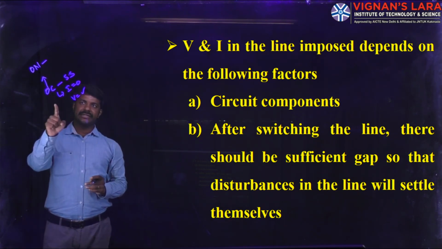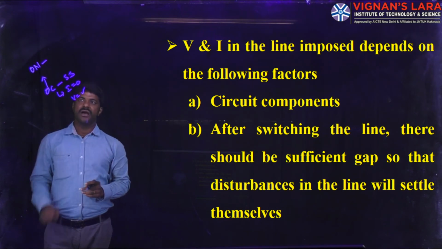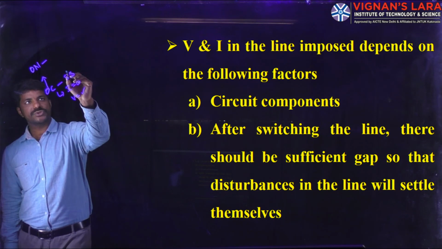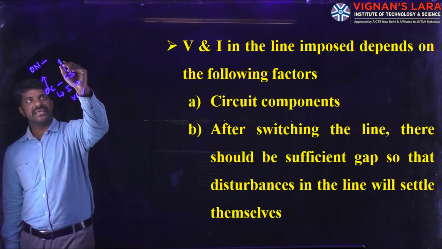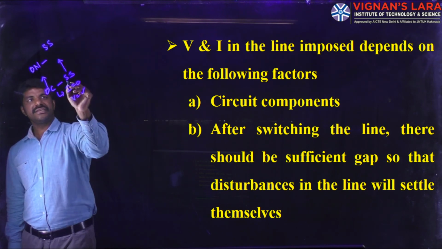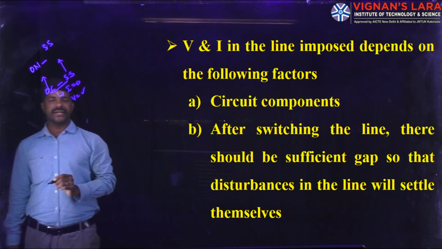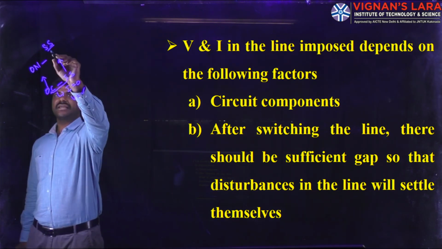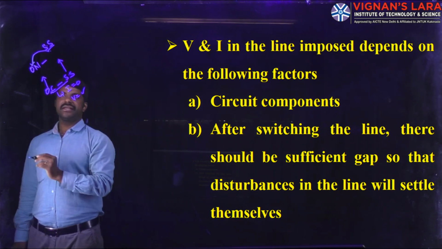Whenever it is connected, I can say that it is in the on state. During that on state, the transmission line has to change its operation from the steady state corresponding to the open circuited case to the next steady state corresponding to the turn on condition.